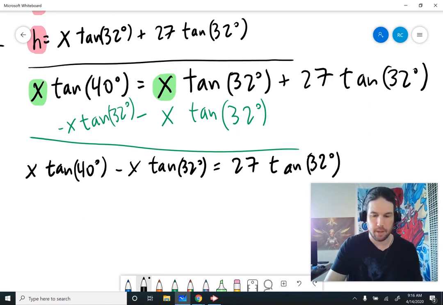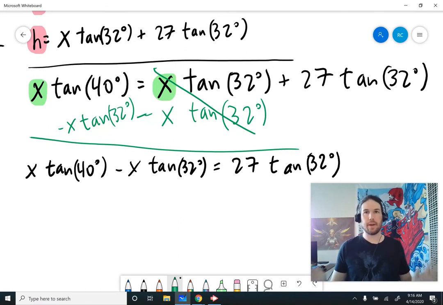Over on the right side, the positive and the negative cancel, so we're just rearranging things a bit.